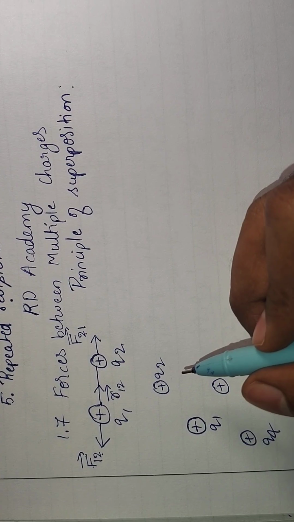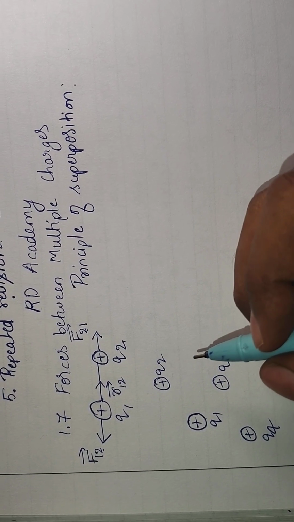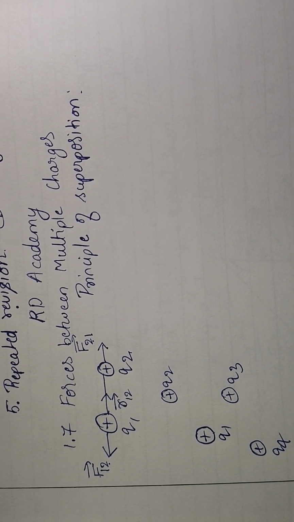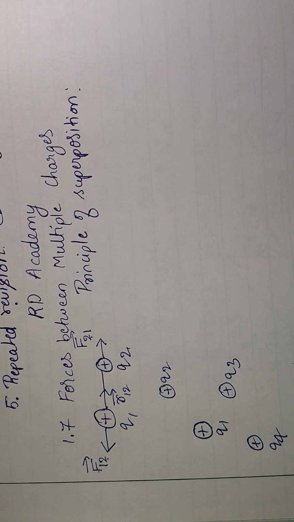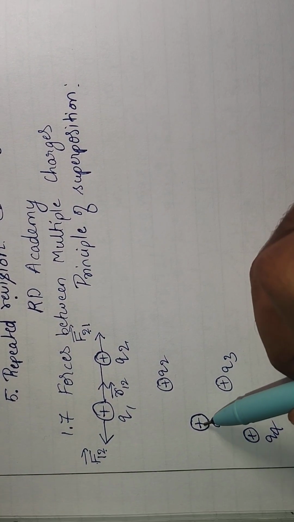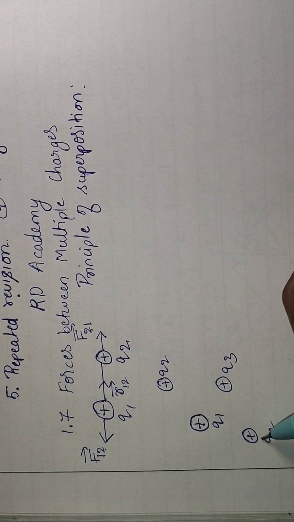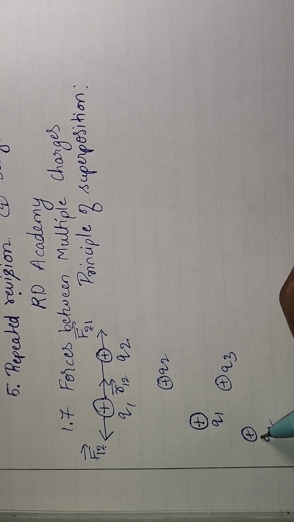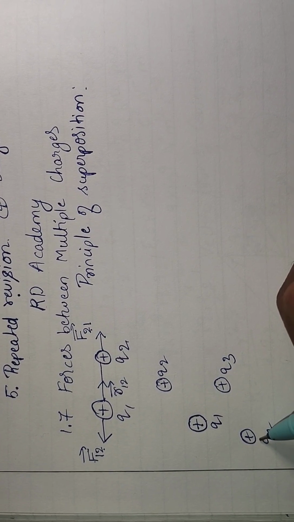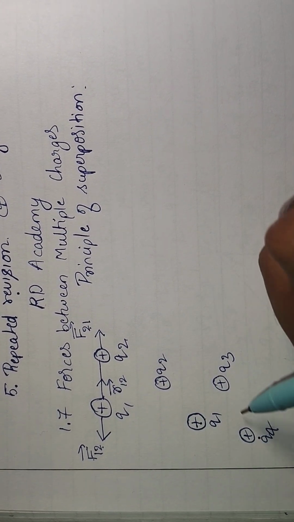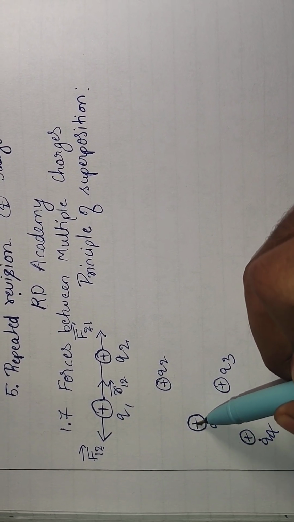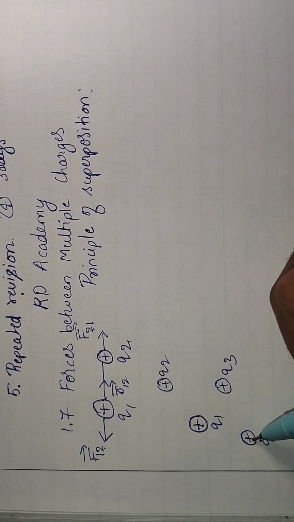I will read the statement once, so listen carefully. The principle of superposition states that the force on any charge, for example Q1, due to a number of other charges Q2, Q3 and Q4, is nothing but the vector sum of all the forces acting on this charge due to the presence of the other charges.